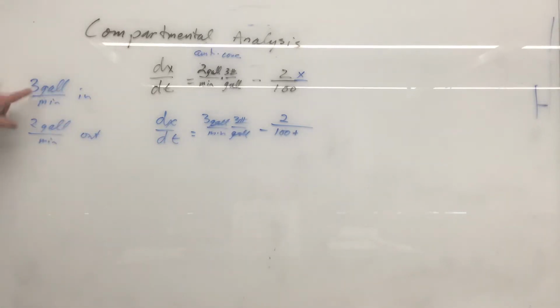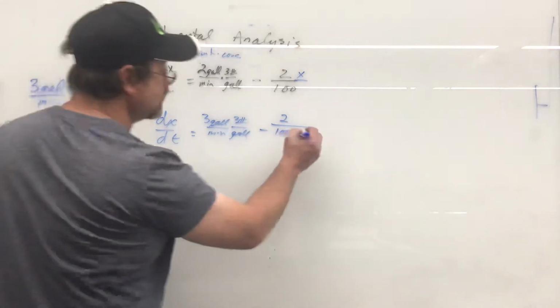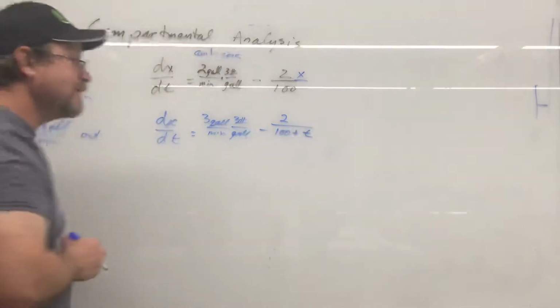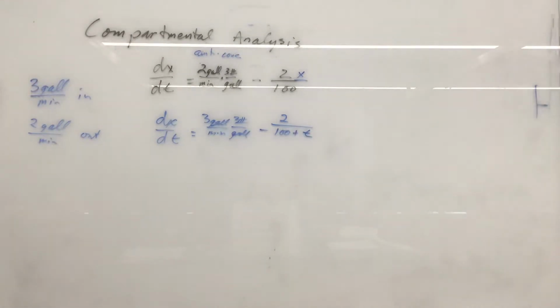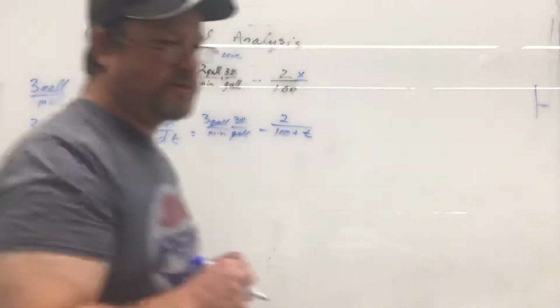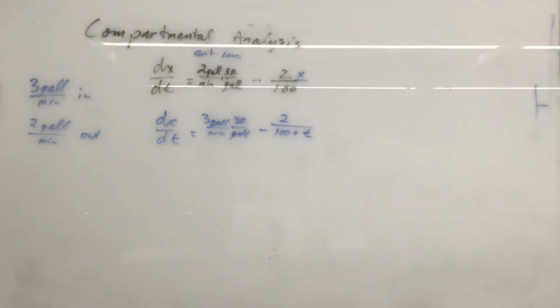If this was 4 gallons per minute coming in and this was 2, we'd have a difference of 2. But right now, we just have a difference of 1 gallon per minute. That means every minute is going to increase the bottom by 1. So since our units here are in minutes, we're going to let that be T. And that is going to be how many gallons are going to be in the tank over a period of time.